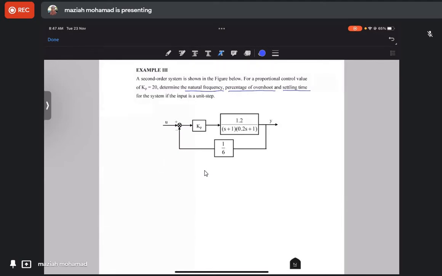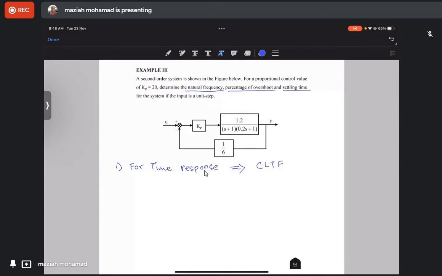The first concept that you need to understand is that for time response analysis, we will use the closed loop transfer function. I believe I already explained open loop and closed loop transfer functions during the classification topic.